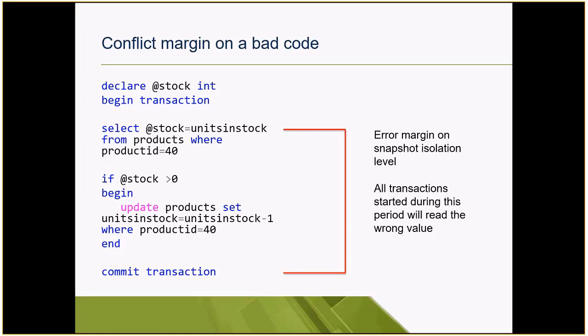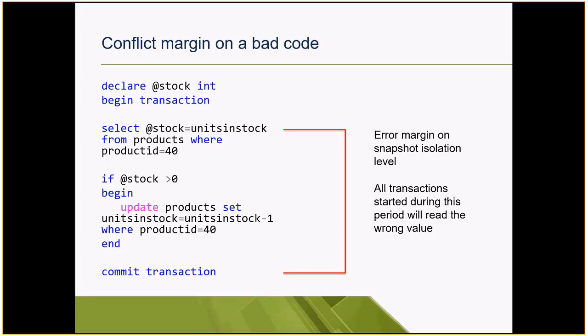because this change will only be available after the commit of the transaction. After the commit of the transaction, the change will be available. Before the commit, many other concurrent transactions will be reading the stock and getting a wrong value for the stock.